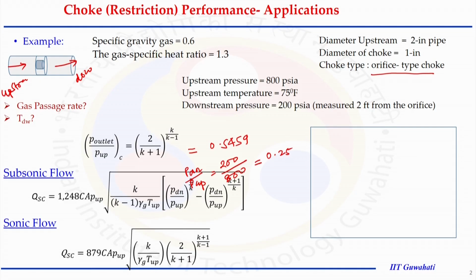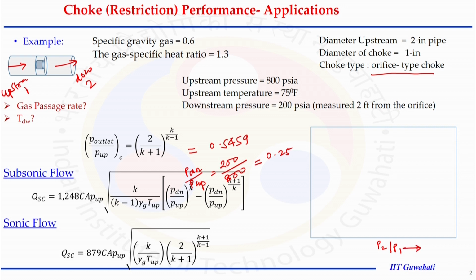We say this is my pressure ratio, downstream to upstream. So, this is 2, this is 1, or we can write it as P down by P up, and pressure is in this direction.